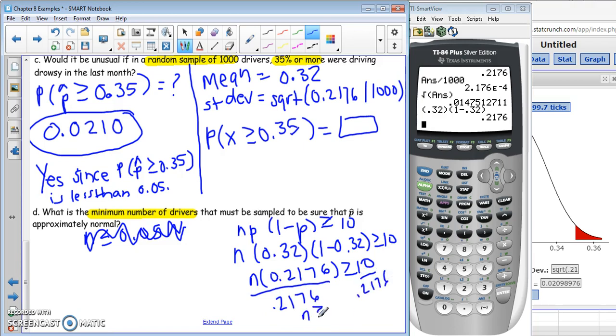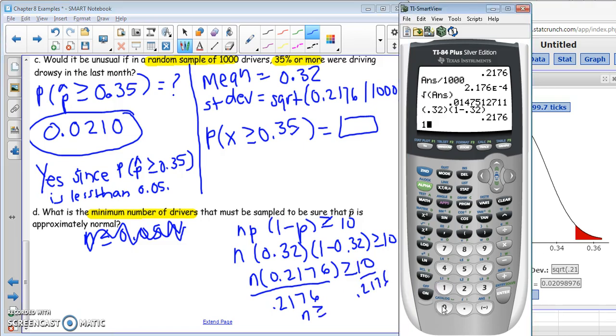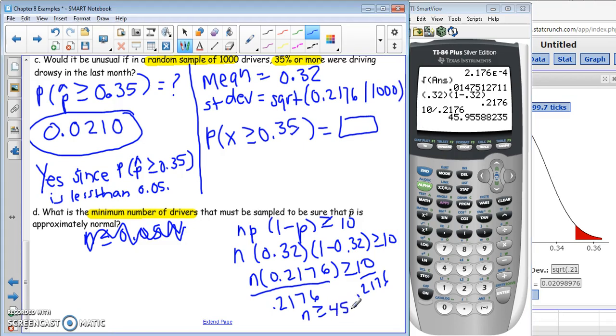So n must be greater than or equal to 45.955888, etc., right? So we always round up with these, so we need to sample 46 drivers here.